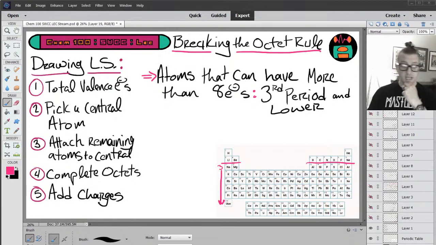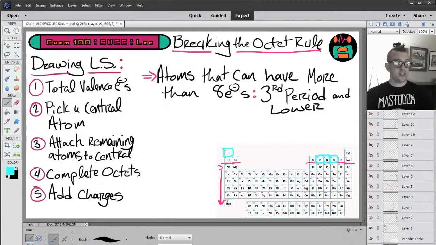The second reason why the octet rule is important: look at the atoms that always obey the octet rule. Carbon, oxygen, hydrogen, nitrogen. The majority of biological systems are made up of these 4 elements.